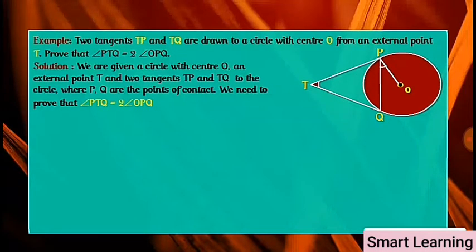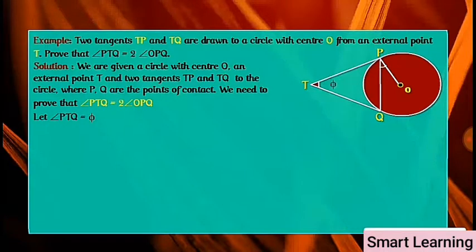We are given a circle with center O, an external point T, and two tangents TP and TQ to the circle, where P, Q are the points of contact. We need to prove that angle PTQ is equal to twice angle OPQ.